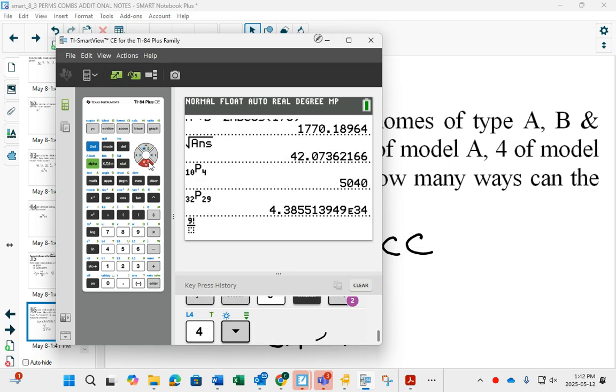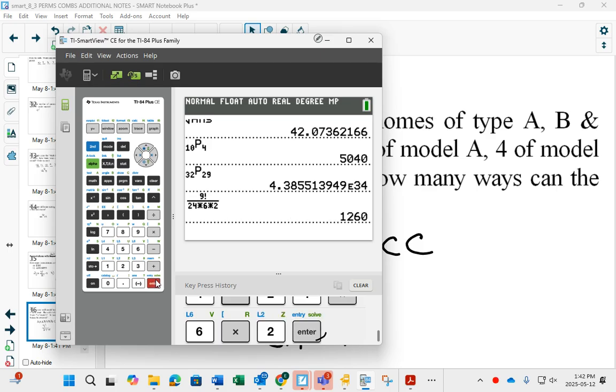One thing I'd recommend is some of the smaller factorials, since it takes so long to hit that exclamation mark, maybe we remember that 4 factorial is 24, 3 factorial was 6, and 2 factorial was 2. That makes it go a lot faster for calculating things in your calculator. So you get 1,260.